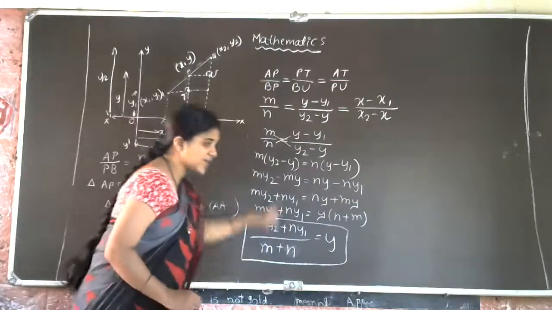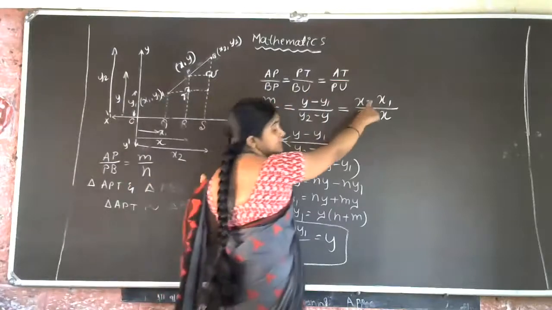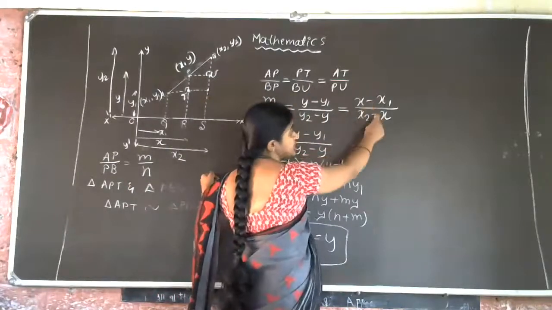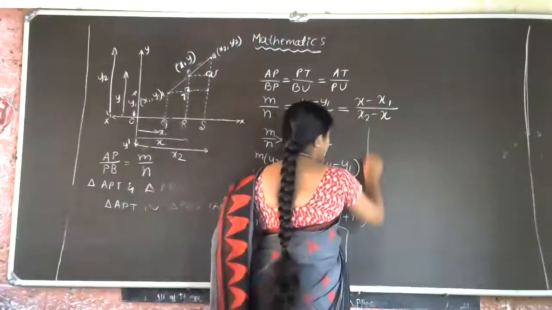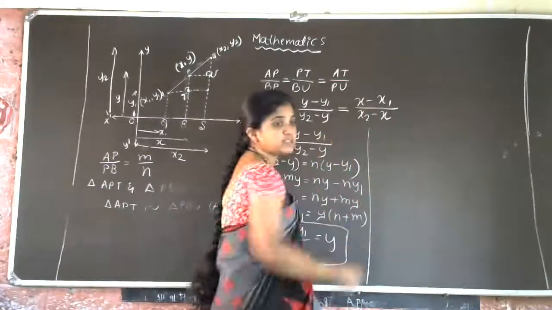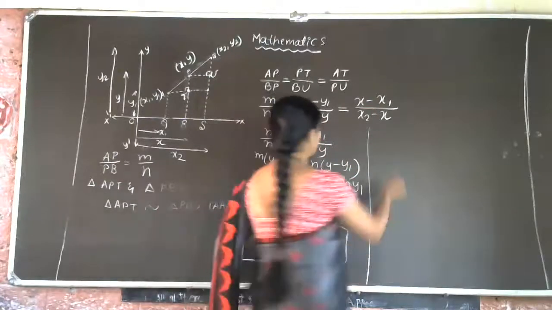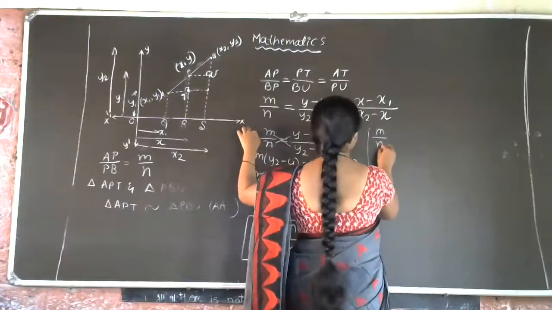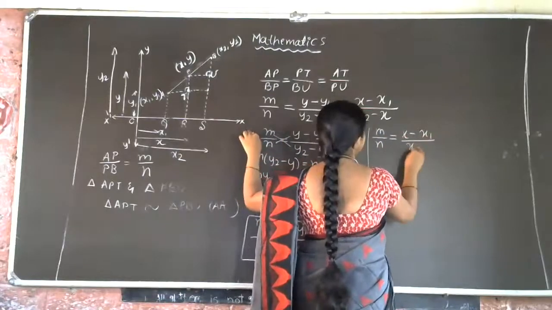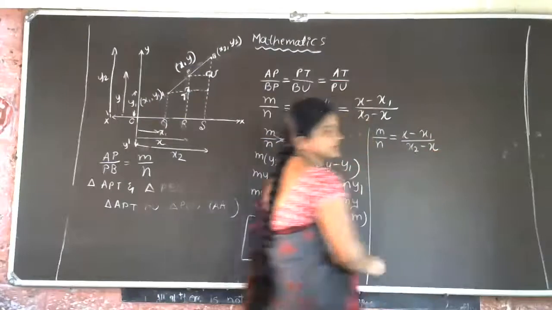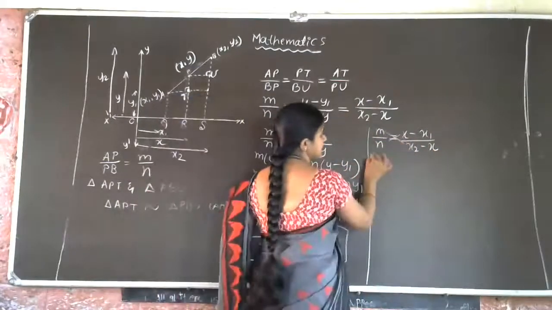Now the same steps we apply for M by N equal to X minus X1 by X2 minus X. Can we start the work here? Board is visible, no students? Yes. Now take M divided by N, which is equal to X minus X1 divided by X2 minus X. This is the first step. Again the same step, cross multiplication.